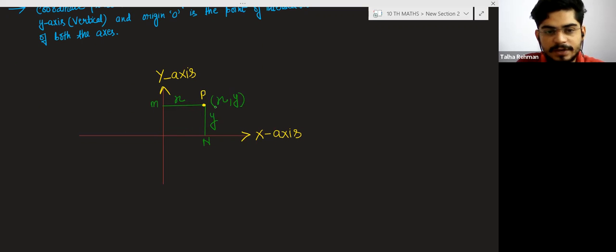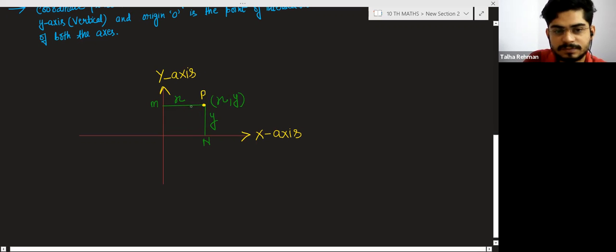So x coordinate of a point is the perpendicular distance between the point and the y-axis.